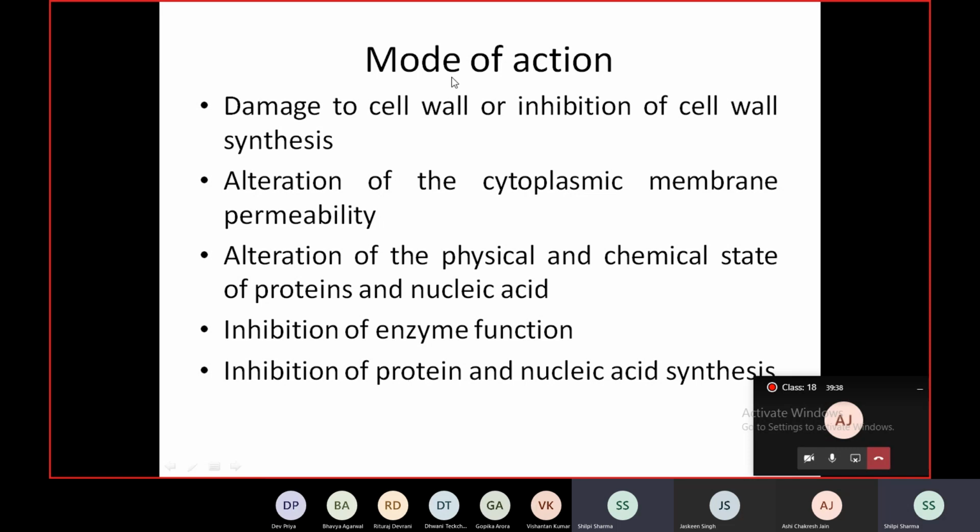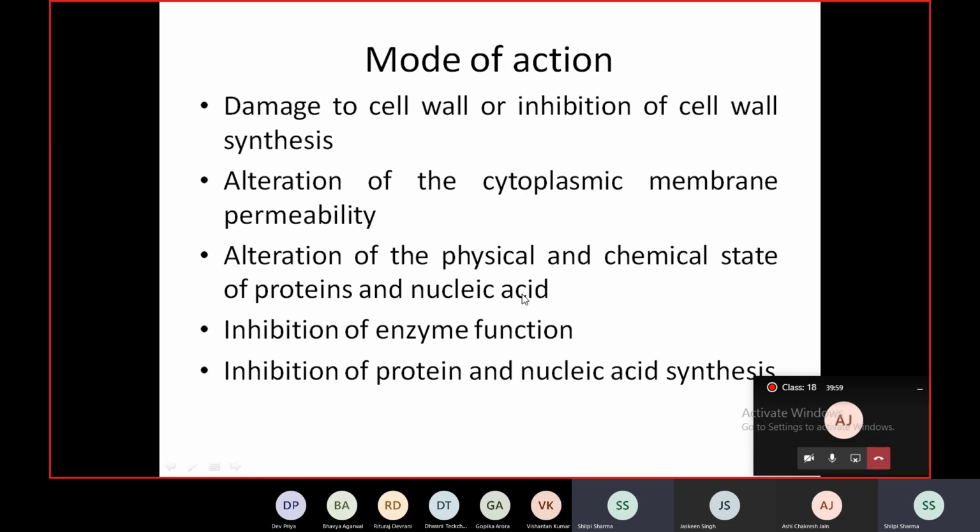So, for example, you could have chemical agents working directly on cell wall synthesis, or they can damage the cell wall which is already synthesized. They can also play with the cytoplasmic membrane permeability by disturbing certain transporters or just by disturbing the integrity of the membrane.